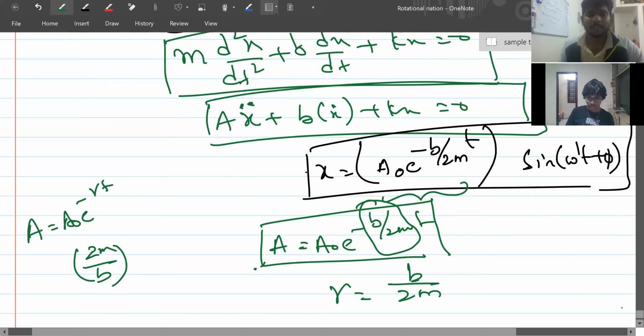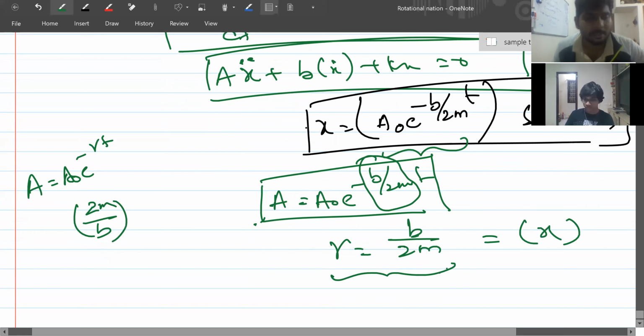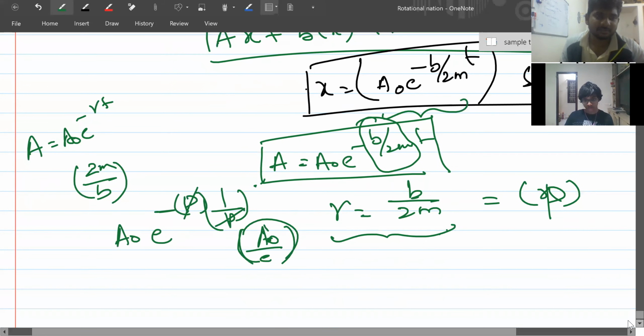Or they will give you the damping coefficient gamma as some value p, and ask at time 1 by p what the amplitude is. What will happen? A naught e power minus p into t, where t is 1 by p, right? Yes, sir. The p gets cancelled. What is the answer? A naught by e, right? Yes, sir. That is the answer.